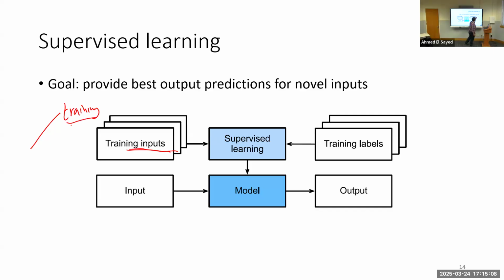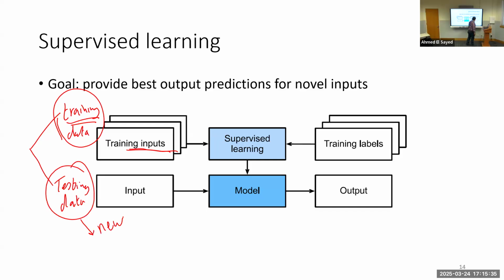Then, after training our model, we will apply something to it called testing. So training is used to find the parameters of our models. Testing is used to test the performance of those parameters under new, unseen data.